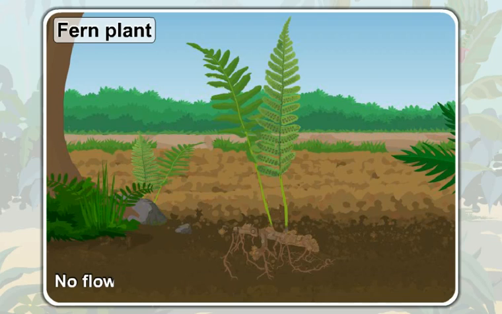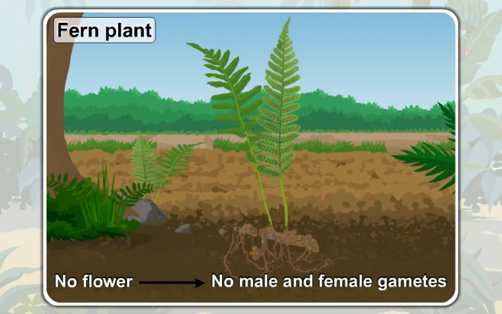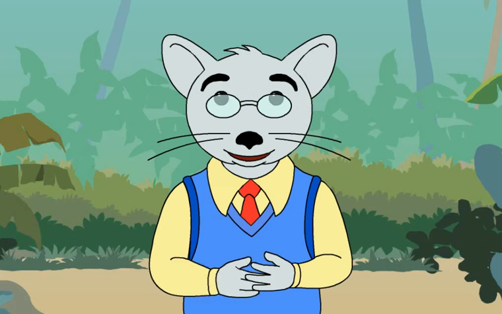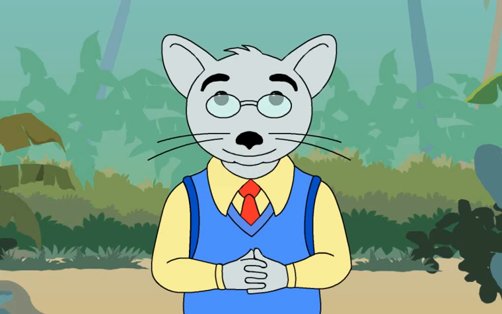And no flower means no male and female gametes. So, a fern plant cannot reproduce sexually. Have you ever wondered how a fern plant reproduces?